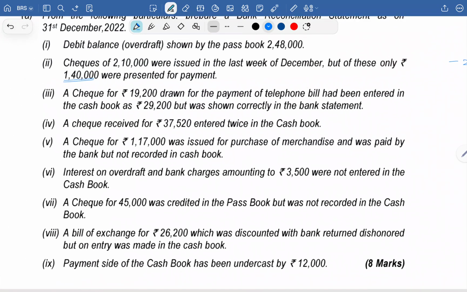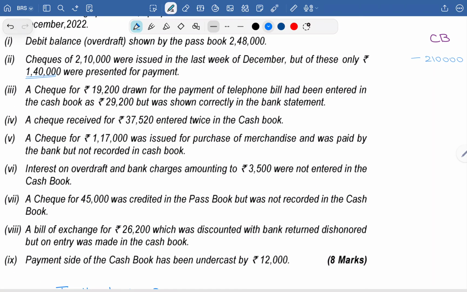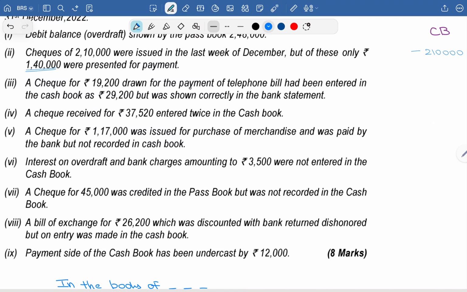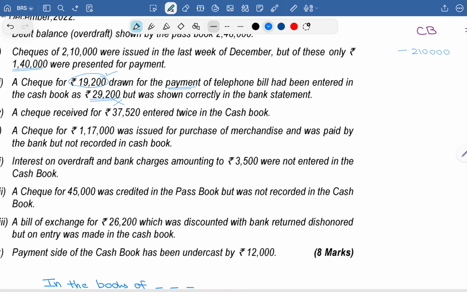Next one, adjustment number 3. A check of rupees 19,200 drawn for payment of telephone bill has been entered in the cash book as 29,200 but was shown correctly in the bank statement. So we have issued a check worth 19,200. This is the correct amount. But wrongly in the cash book we have written 29,200.